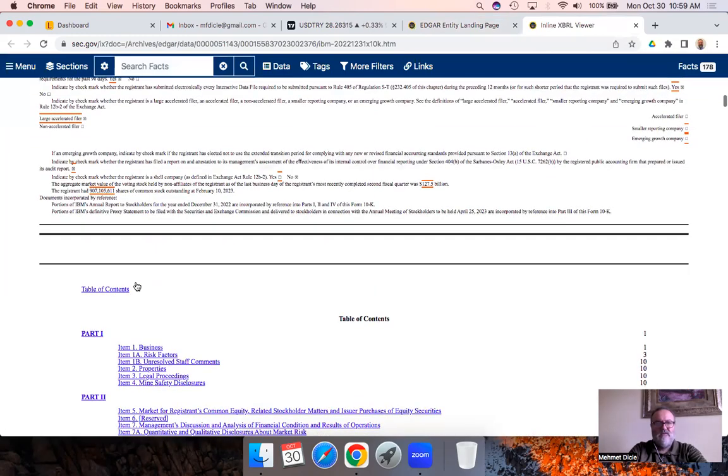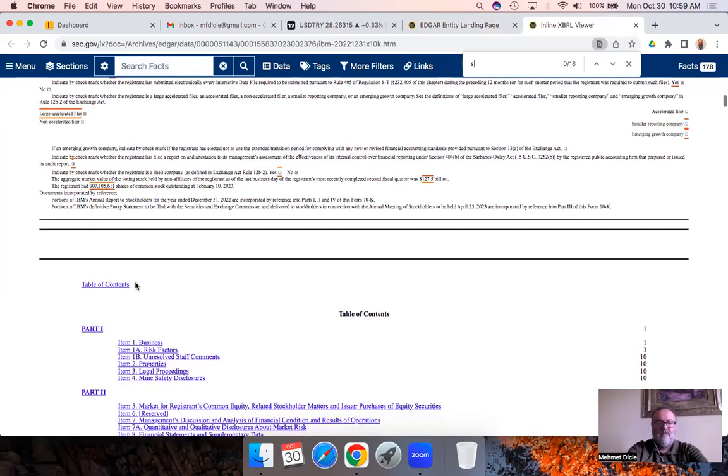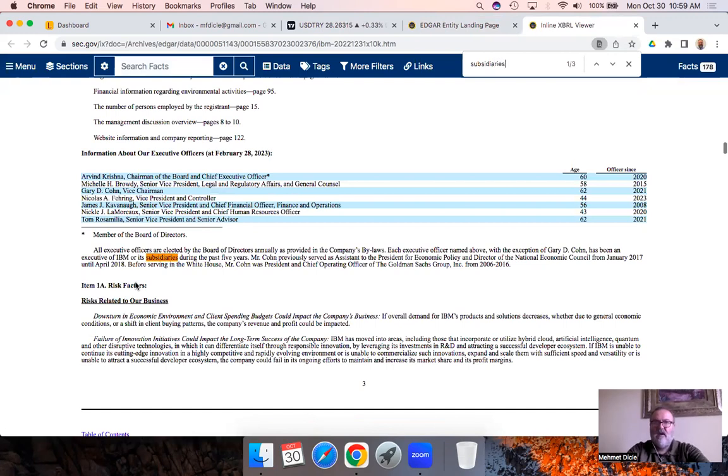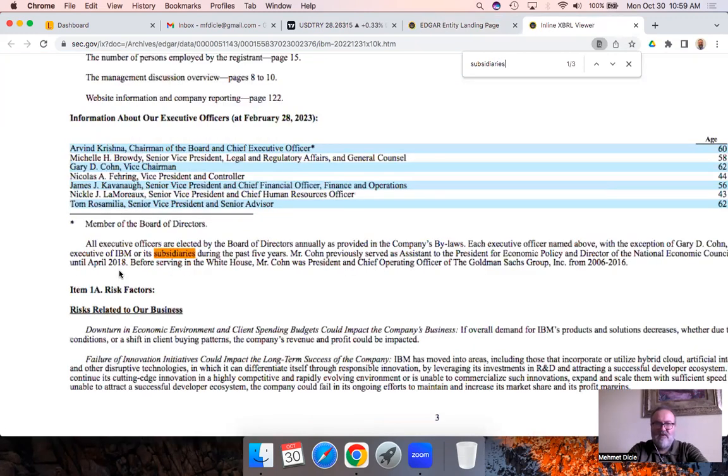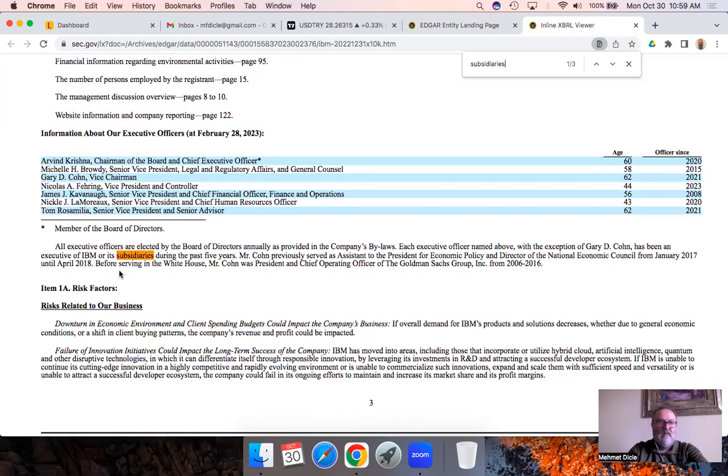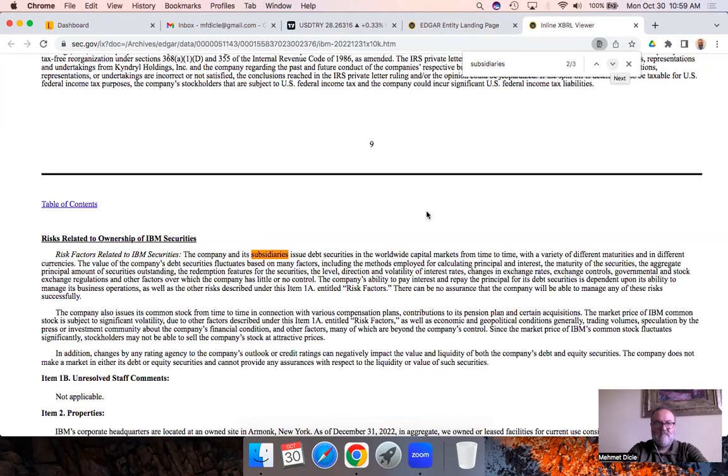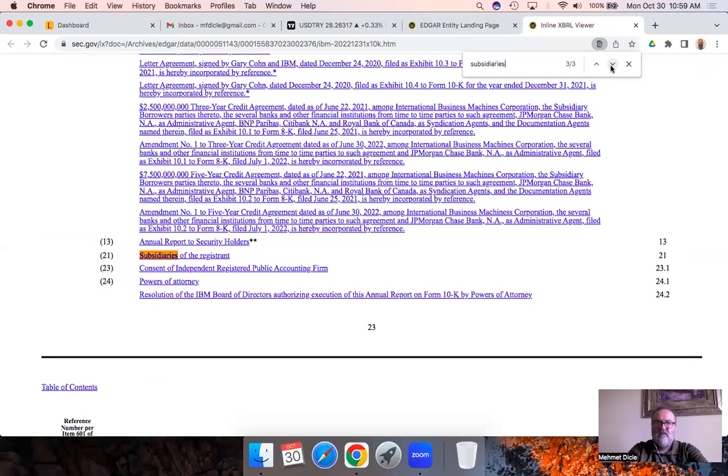But with respect to IBM, IBM is actually notorious for having a significant number of subsidiaries. Right. So let's take a look.